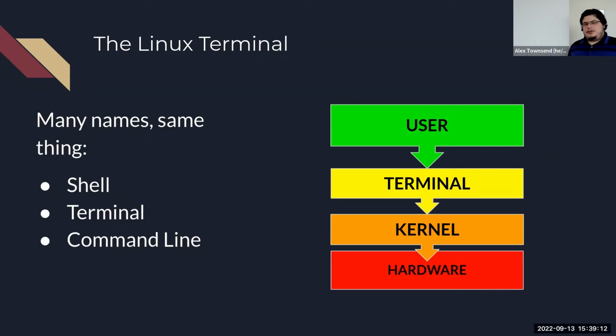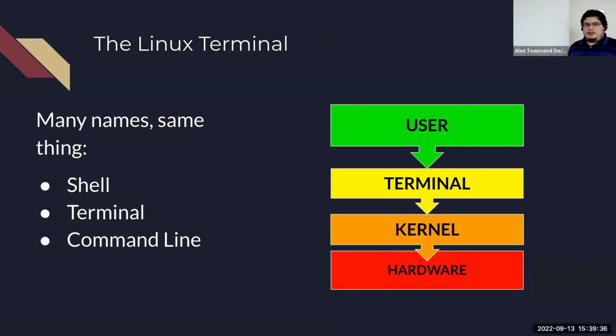So you will enter a command into the terminal. The terminal will then interpret that command into something called a system call, and that system call is a different command that is designed to be interpreted and understood by the kernel, which is the core of the operating system that is designed to interact directly with the hardware.